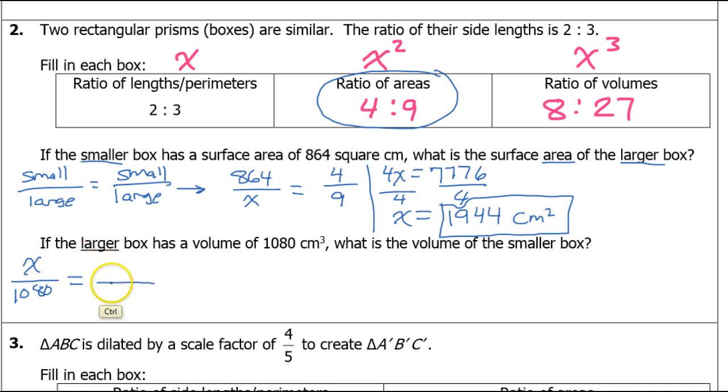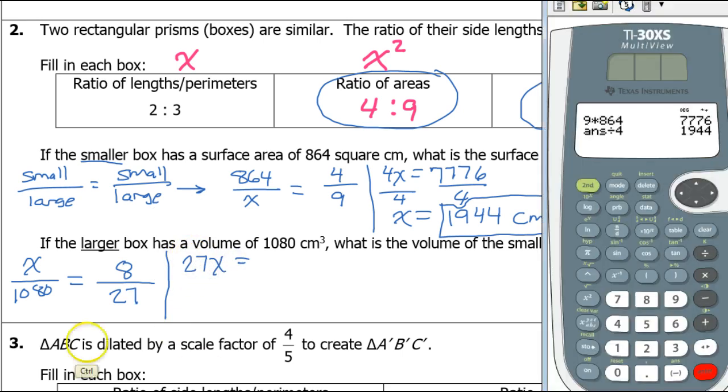Now, over here we'll put the scale factor for volume. And when we write it, we'll just be careful to do small over large. So we will do 8 over 27. And then you cross multiply. So that's going to give us 27x is equal to, and whatever 8 times 1080 is, that's 8,640.